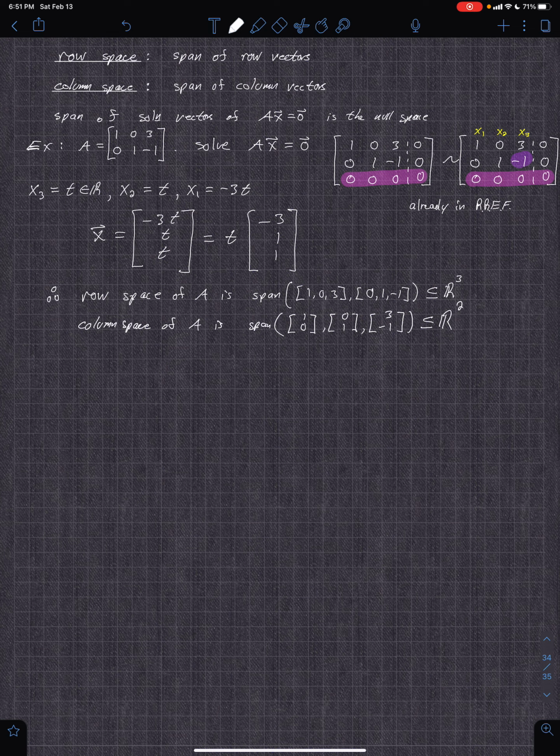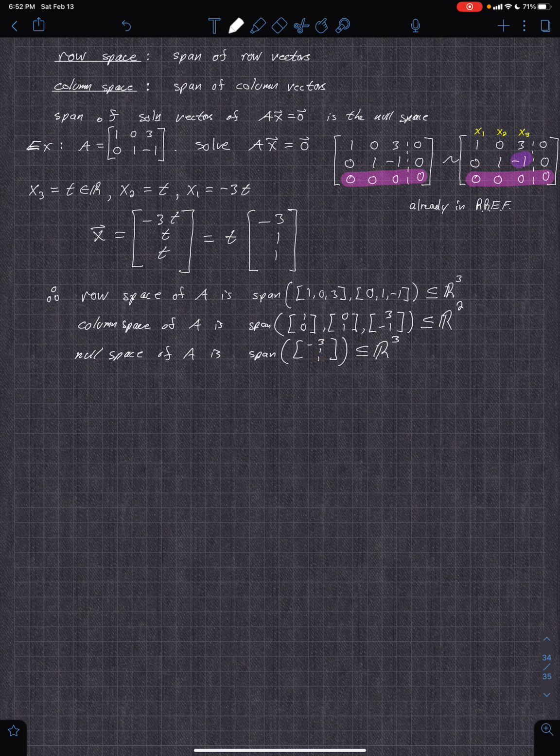So the null space of A is the span of just that above, negative 3, 1, 1. And that is also a subset of R3, again, because there are 3 components of the vector.